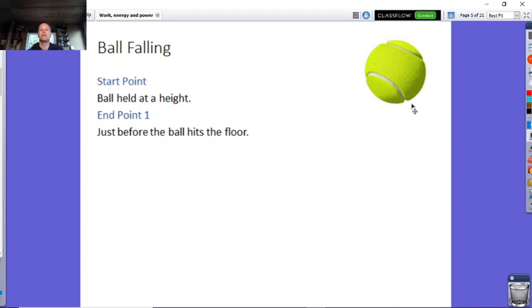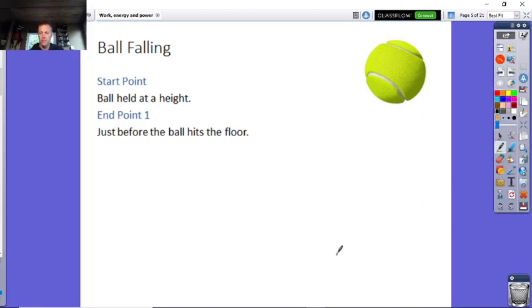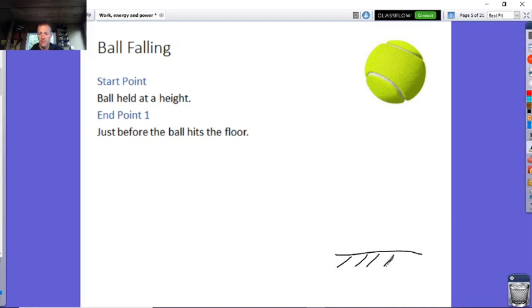If you've got a ball and you're letting the ball fall down, you've got to get your start point and end point correct. If you don't get the start point and end point correct, the whole thing goes pear-shaped. So my start point is the ball at this height here. The end point is the ball just before it hits the floor, and there's a floor just here. So we've not hit the floor, we're just about to hit the floor.